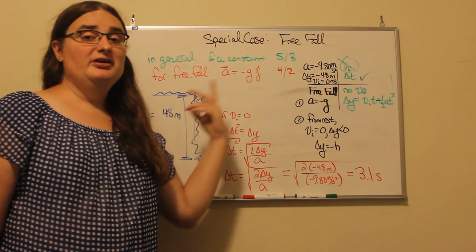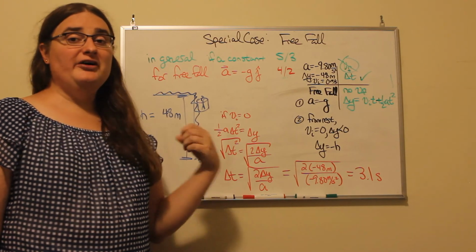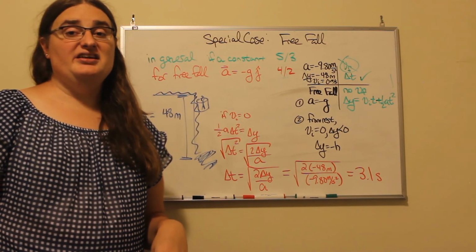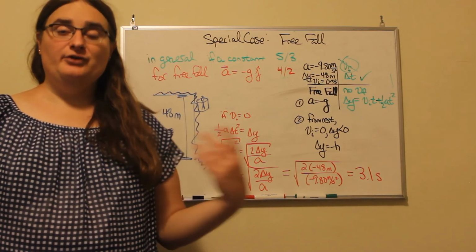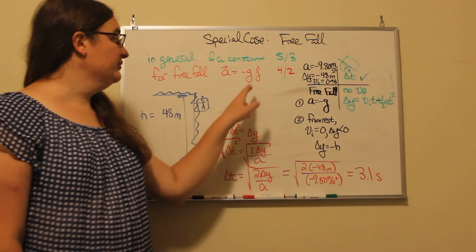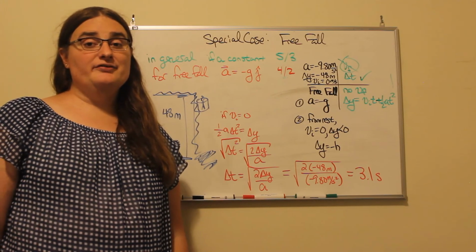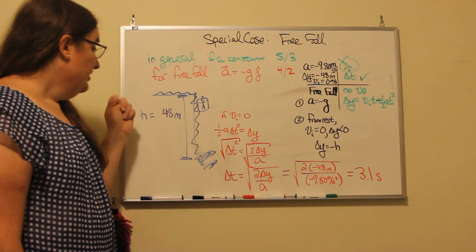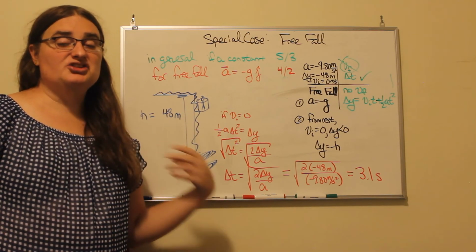That known is our acceleration, because an object in free fall has an acceleration equal to the strength of gravity straight down, toward the center of Earth if we're on Earth, or the center of any object whatsoever. The direction toward the center of Earth is the negative y direction.